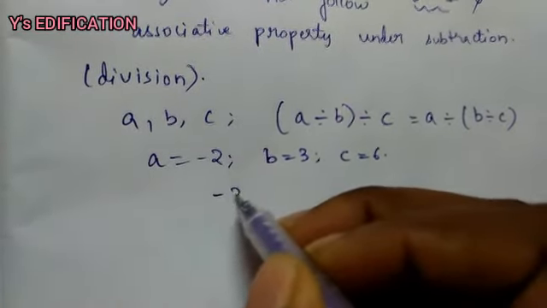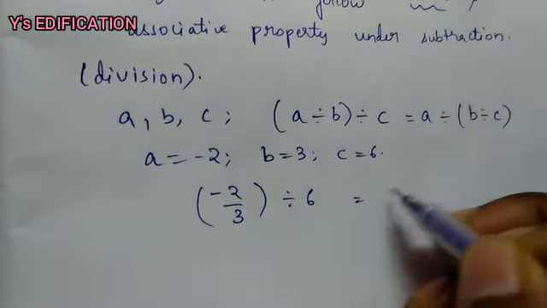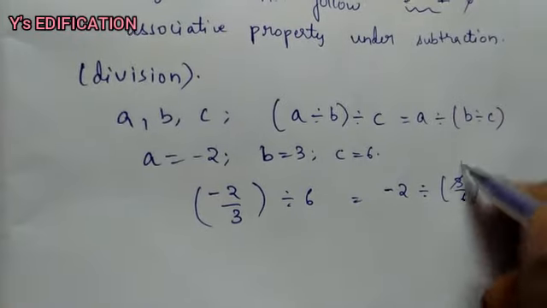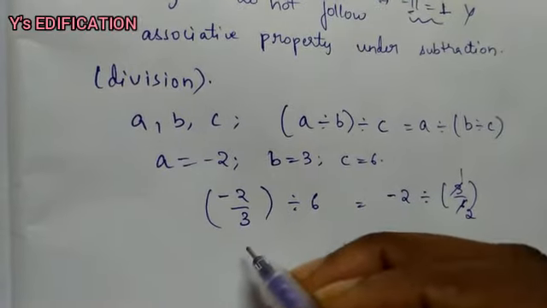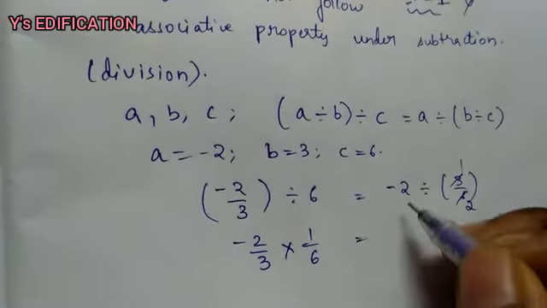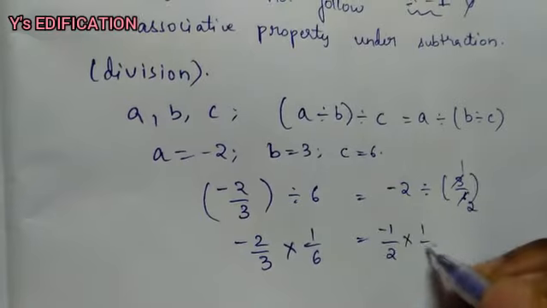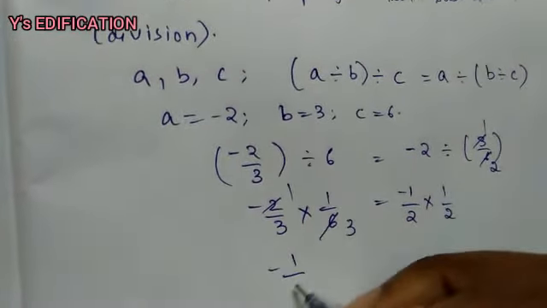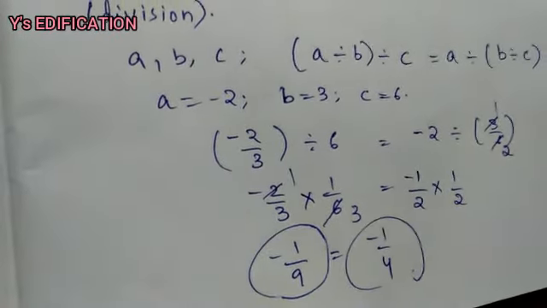So a by b is minus 2 by 3, divided by 6, is equal to minus 2 divided by (3 by 6). We can write this as minus 2 by 3 into 1 by 6, which is minus 1 by 9. And the other side is minus 2 into 2, which is minus 4. Here LHS is not equal to RHS.